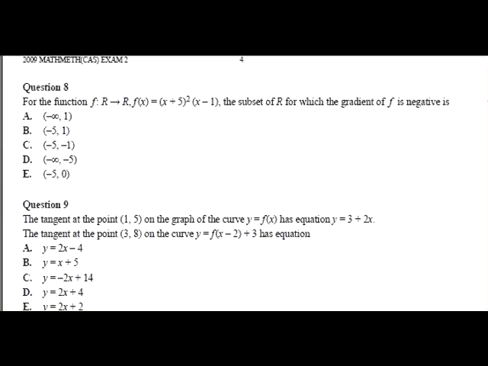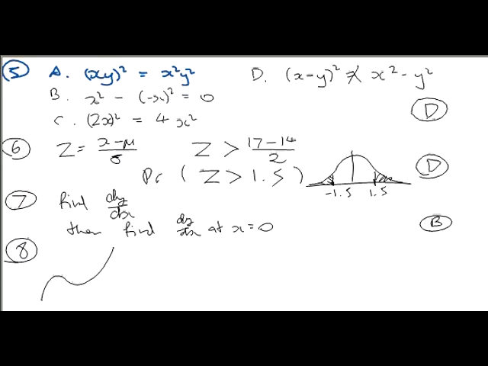You know that one of the turning points is going to be at x equals -5 because there's a square on it. Use your calculator to find the other turning point. You'll discover that this turning point is at x equals 1. So 8 is C.